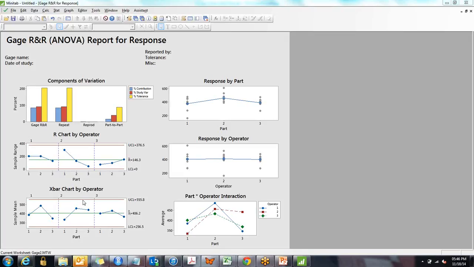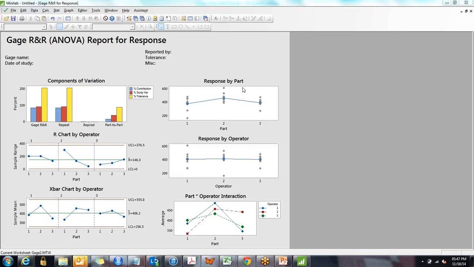These red control limits, UCL, LCL here, indicate gauge variation, that is the error. Since most of the variation should come from the parts, we expect the part means to be outside these control limits. For a good gauge, maximum number of points, here we have 9 points, should actually fall outside the control limits.